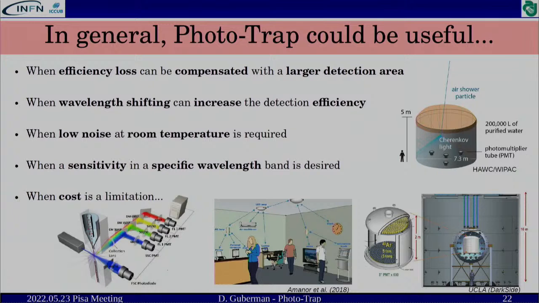One application I found could be very interesting would be in optical wireless communications, because there you are using LEDs, which have light that is very spread, and you need compactness, low voltage, low power consumption, and so on.